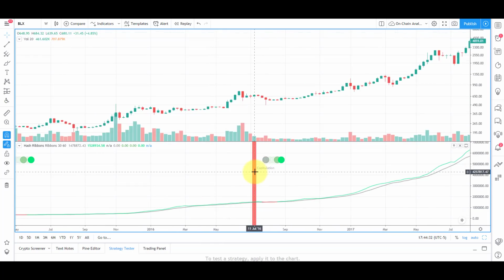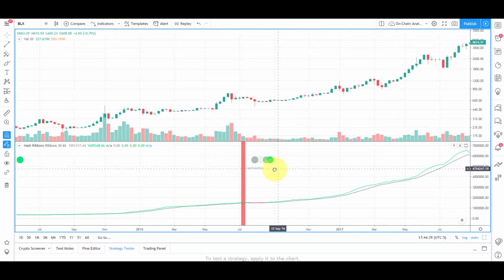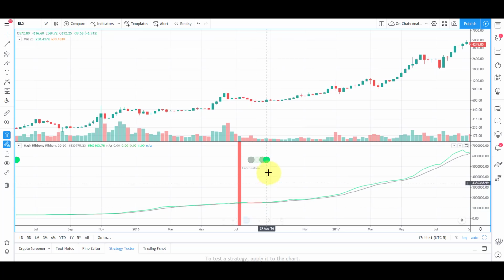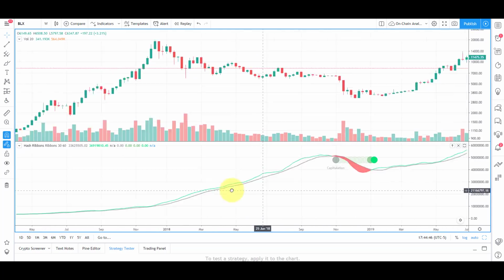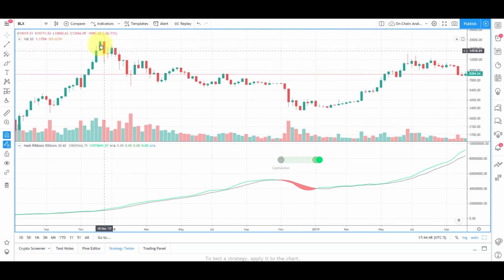So here's the next halving, 2016, and we see another capitulation event. And again, once that green dot fires, which is where these moving averages cross back above, then that's a good spot to get long as well. If we fast forward now to our last halving cycle, our big blow off top around 20K, end of the bear market, we see a long capitulation. Miners were just shutting machines off.